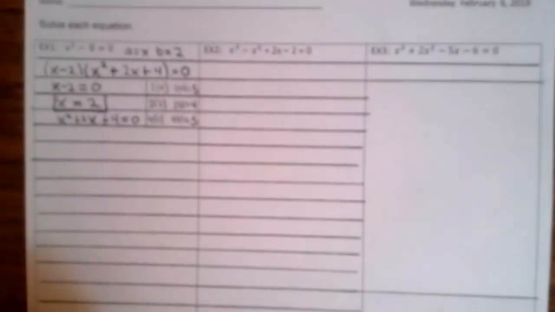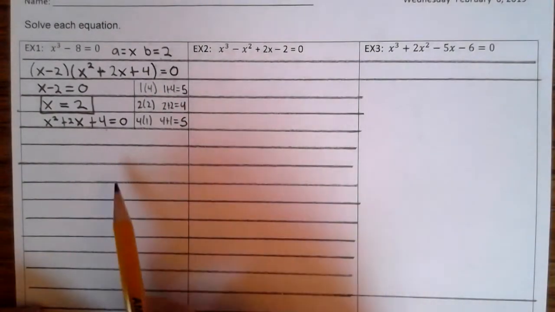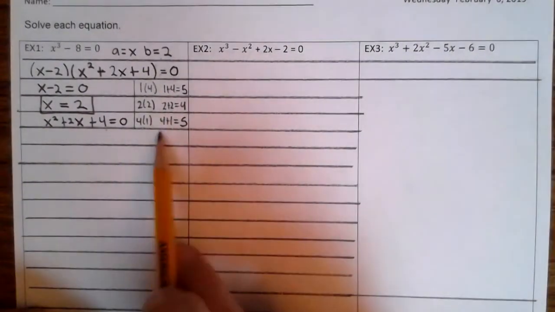That doesn't work. 2 times 2 is 4. So 2 plus 2 is 4. And then 4 times 1 is 4. And 4 plus 1 is 5 again. So, got a little blurry there. Okay. So, we see that none of the combinations work, so it's not factorable.